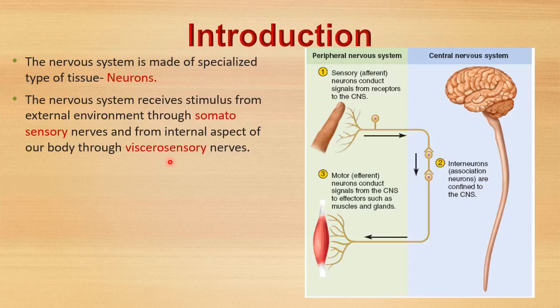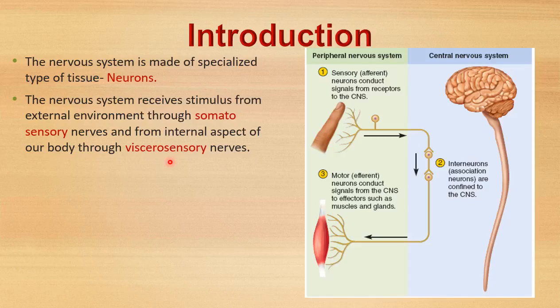That information is also processed, and then it gives appropriate commands even to the viscera, through the visceromotor nerves. The visceromotor nerves are part of your sympathetic and parasympathetic autonomic nervous system, because it is not under our control.